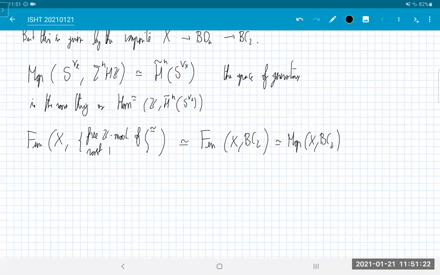And now I made a bit of a mess, but I'm arguing that this functor that goes from X to H tilde SVX actually factors through BON, because after all, VX only depends on the point in BON. And ON is acting here exactly as the determinant. So this map corresponds to the composite X to BON to BC2.